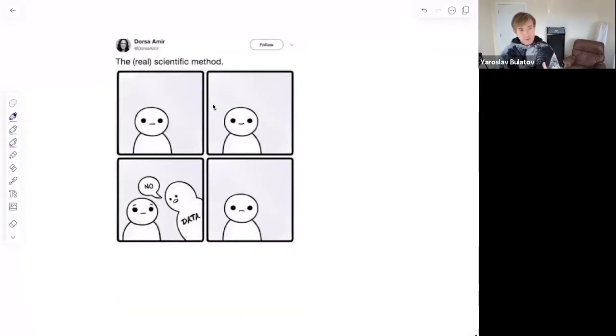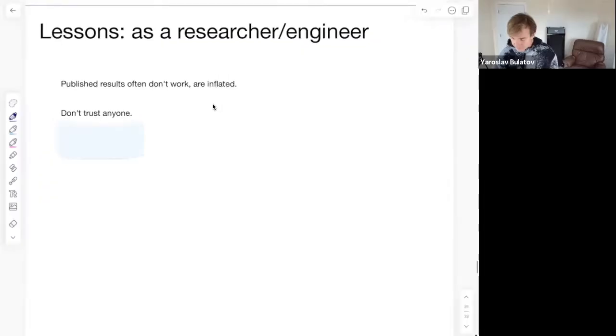Even if they don't work, they do need to give some signal. So you have to pay attention to data. It has to demonstrate some kind of improvement, even if it's a tiny one. And the lesson as a researcher and engineer is that the results are often inflated, and you have to look at the motivation of people publishing it, and estimate what are the chances of it working.